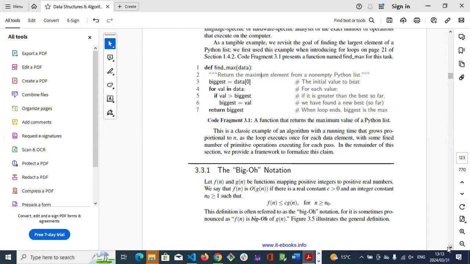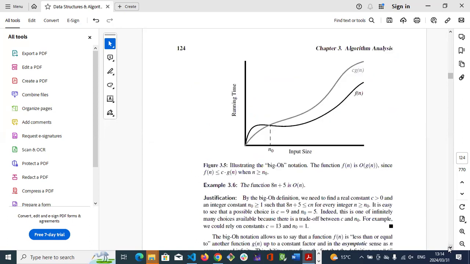This definition is often pronounced as f of n is big O of g of n. Big O deals with the worst case scenario.